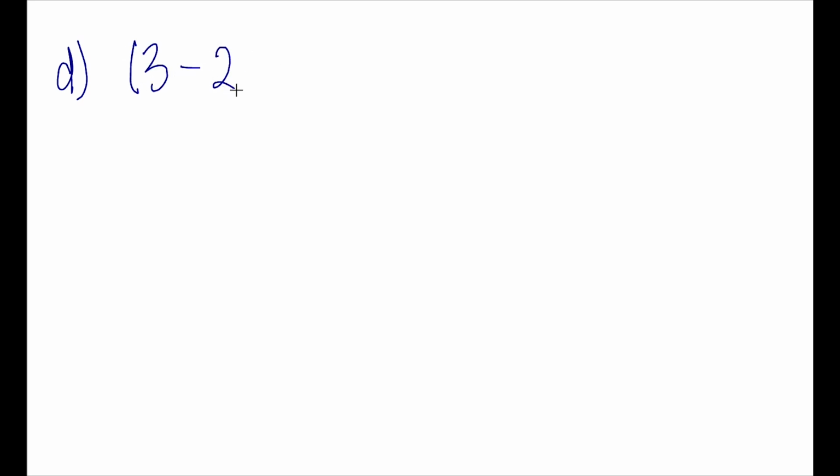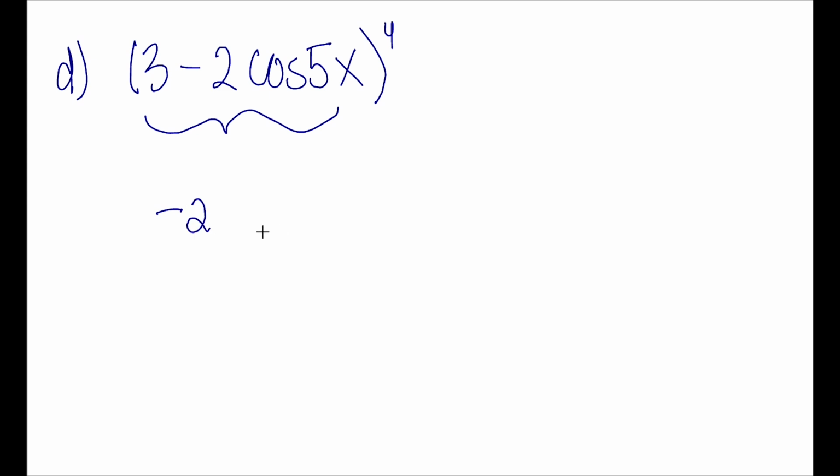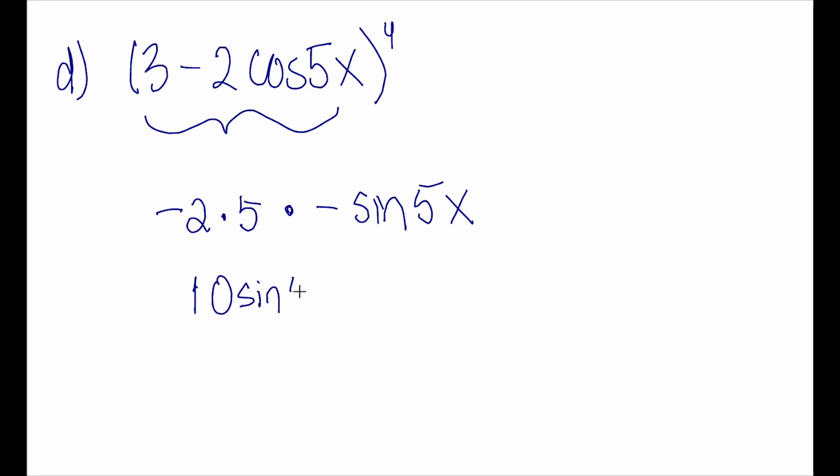Three minus 2 cosine of 5x to the 4th. Okay. What's the derivative of the inside? Negative 2 times 5 times negative sine of 5x, since cosine becomes negative sine. So the two negatives will cancel each other out, and we get 10 sine of 5x for the derivative of the inside.